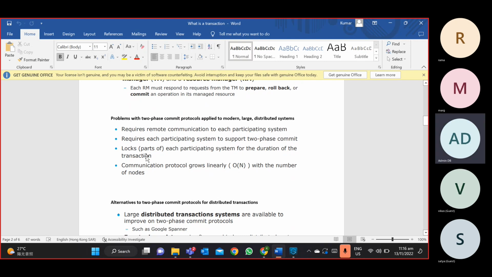Okay, so this is a very important point. Let's say you are doing a transaction, and at the same time someone updates your database. In that case, what happens? There will be data inconsistency. So what will this transaction manager do when you involve a particular operation or table in the transaction?